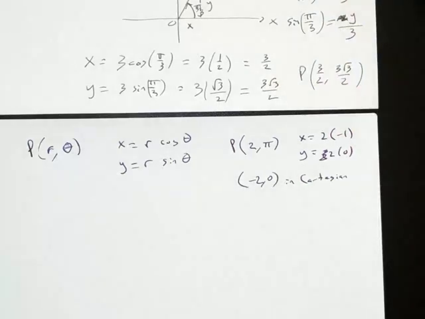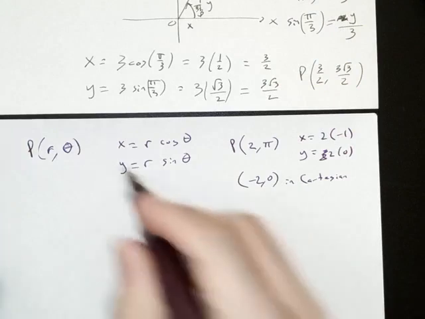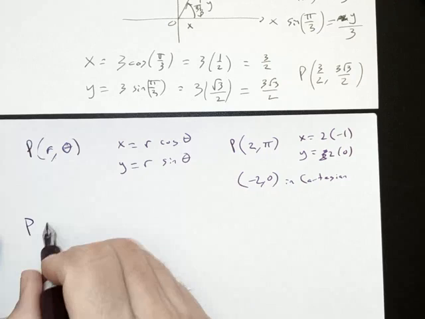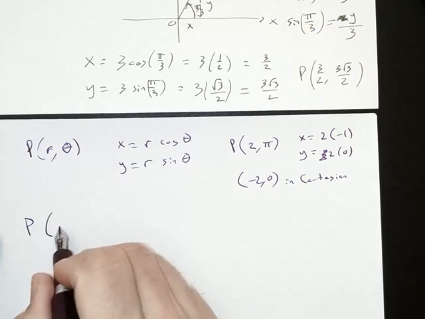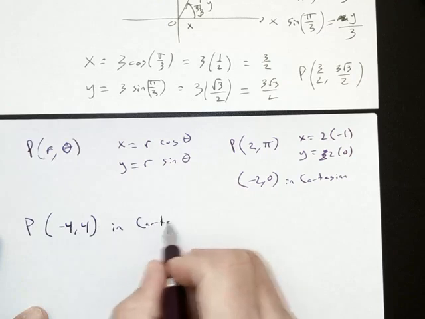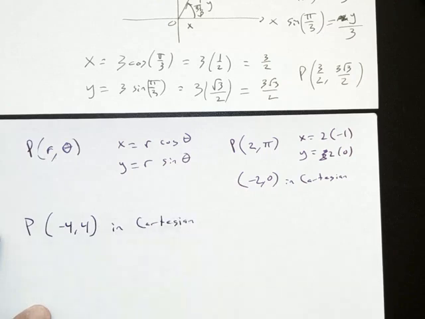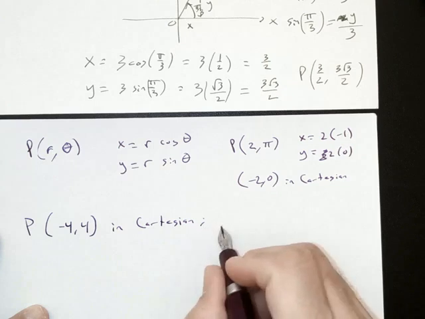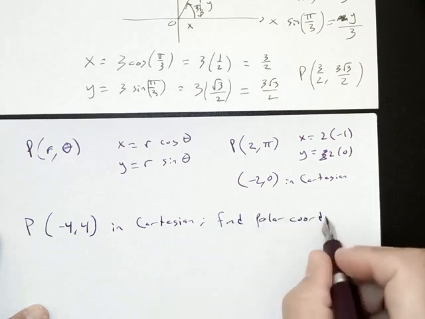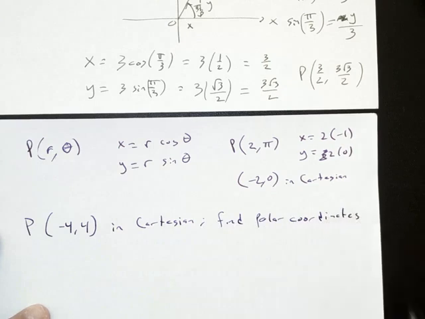What if I want to go the other way? I had r and theta, I wanted x and y. What if I tell you that my point is (-4, 4)?